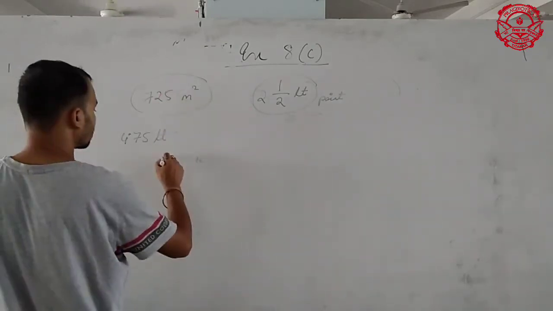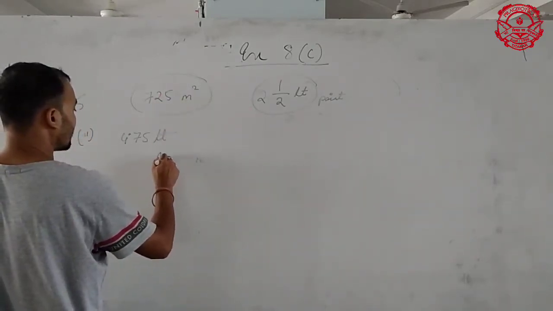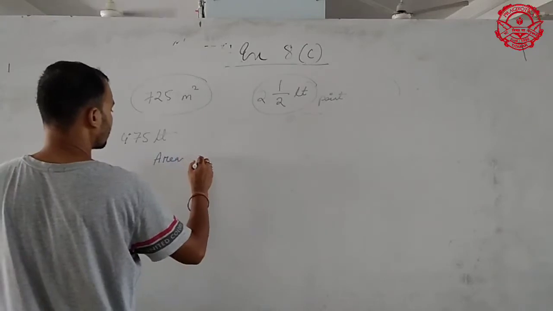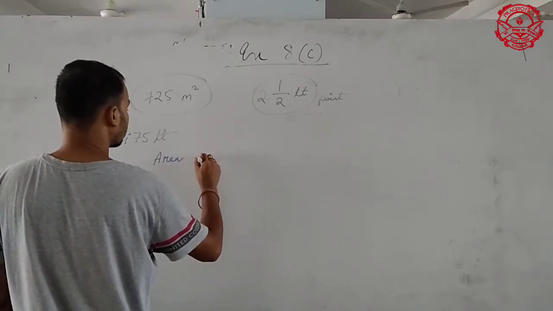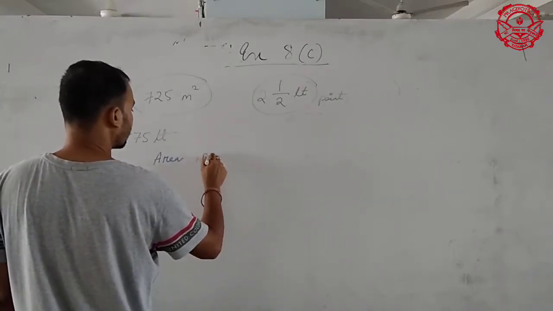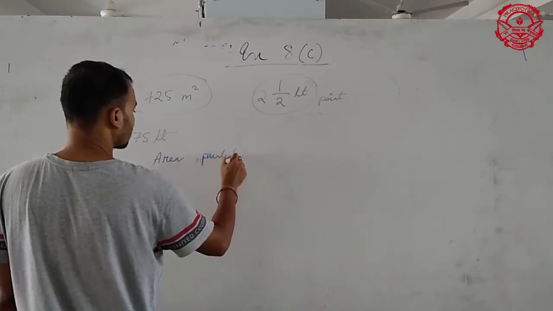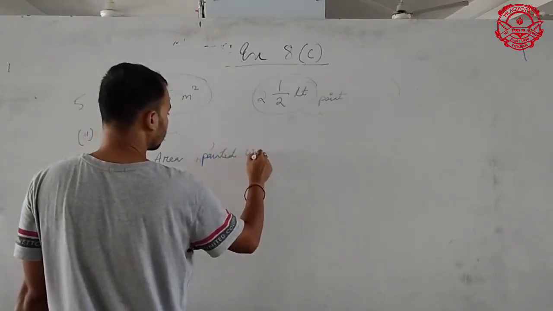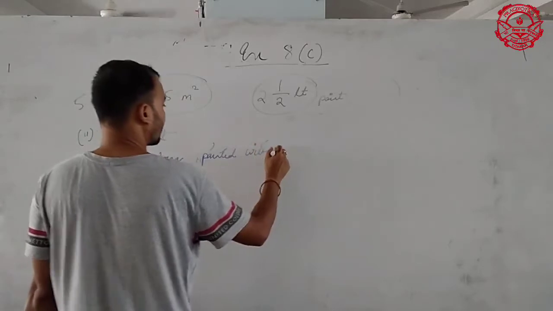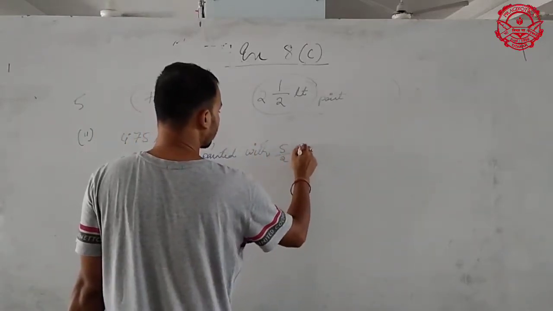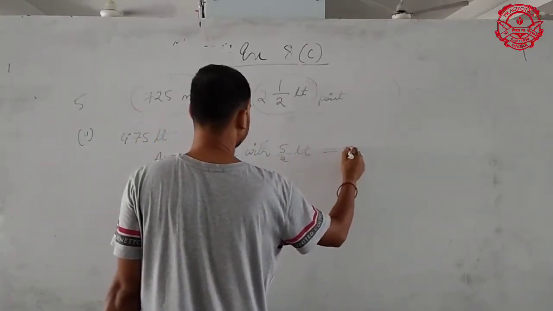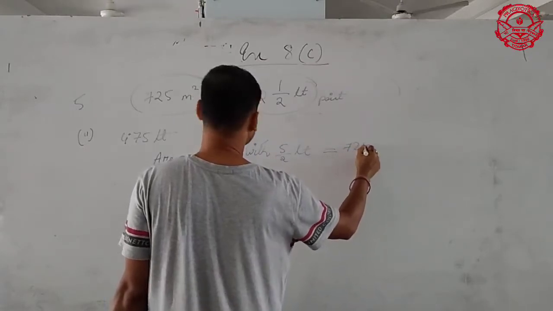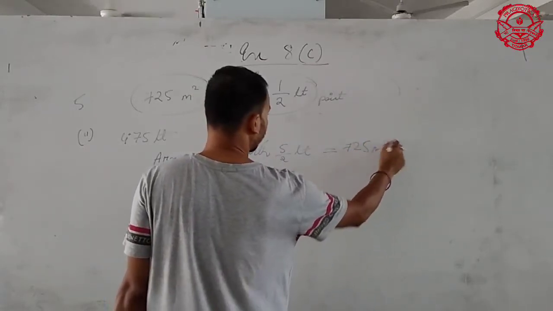Now you reverse this. Area painted with 5/2 liters equal to 725 meters square.